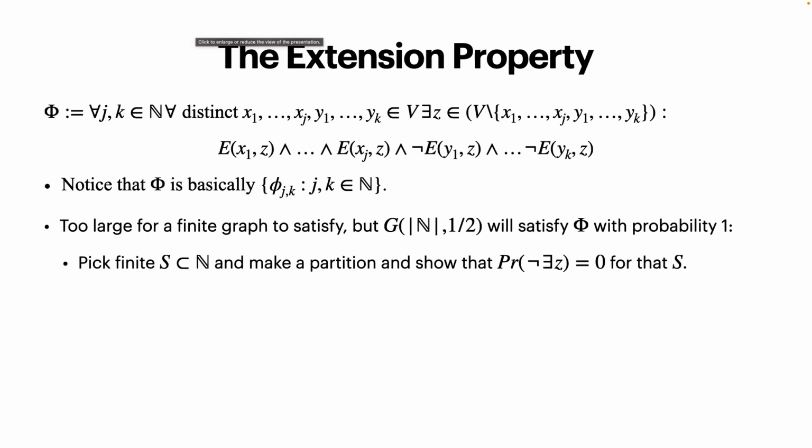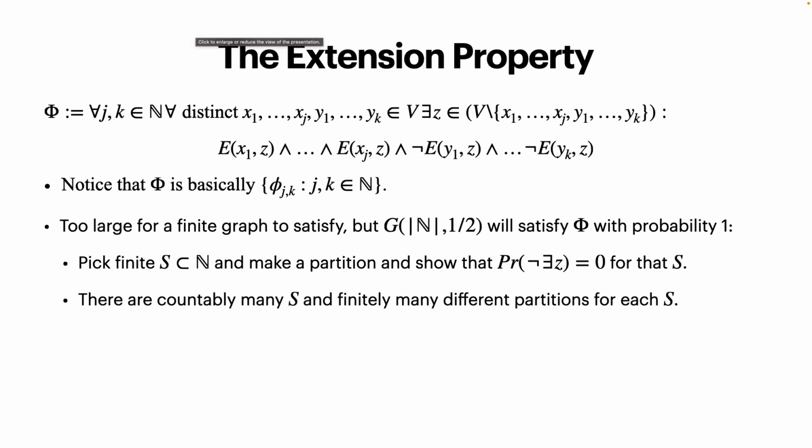Intuitively, if we have a countable random graph, with all of the vertices being the naturals, it will satisfy capital Phi with probability 1. The proof is similar to the proof for the individual phi jk's.